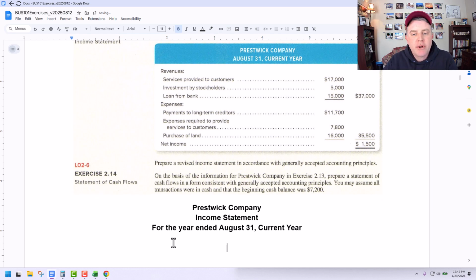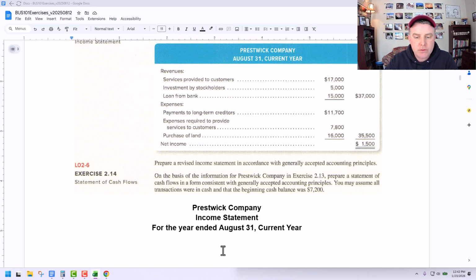And in the income statement, we're going to have revenues, we're going to have expenses. When we get to a more formal version of the income statement, we'll also have gains and losses. But for now, let's just split these things according to revenues and expenses.